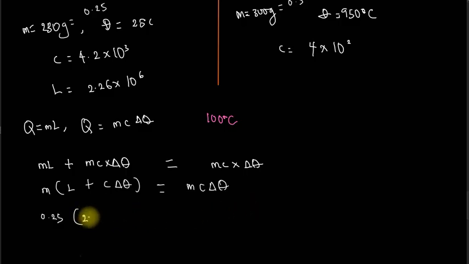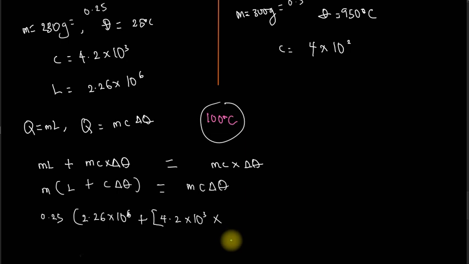So latent heat is 2.26 times 10 to the power 6 plus C for water, 4.2 times 10 to the power 3, times, I have to put this in brackets, change in temperature. The final steady temperature is 100 degrees, so this is the initial temperature.